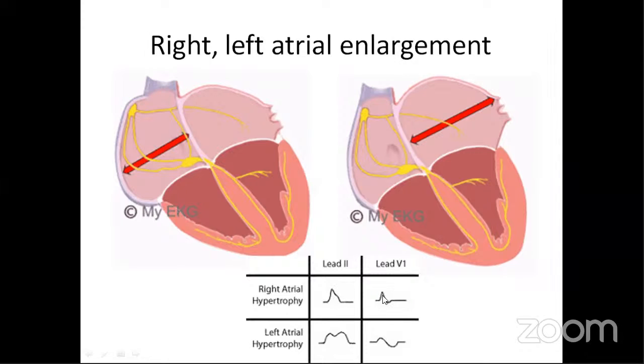In lead V1, instead of a P wave there is a negative waveform. In left atrial hypertrophy, there is a prolonged interval and in lead V1 a negative waveform. So these enlargements also impact the ECG waveform while recording it.